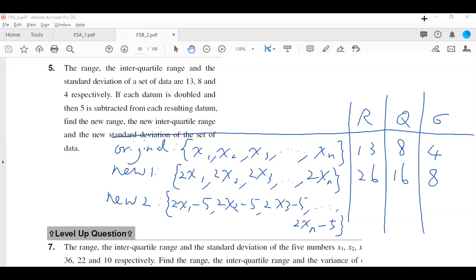But remember that when you subtract the same number from each datum, there will be no change on the range, interquartile range, and standard deviation. Okay, because there is no change on the dispersion, which means that the newest range will also be 26. The newest interquartile range is 16. Newest standard deviation will also be 8. Okay. So that is like this. That is question number 5.